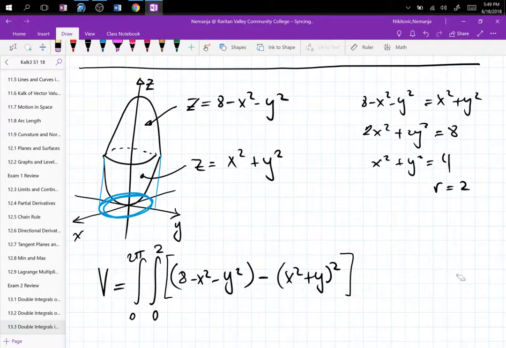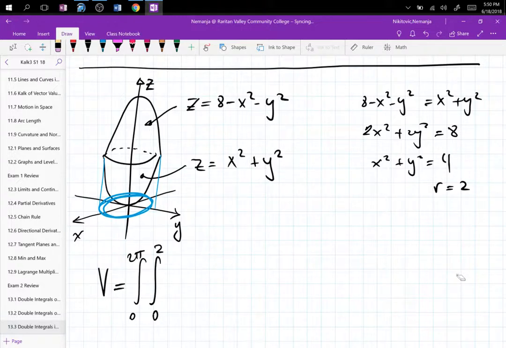And finally, I need this transformed into 8 minus r squared, and I need this transformed into just r squared.